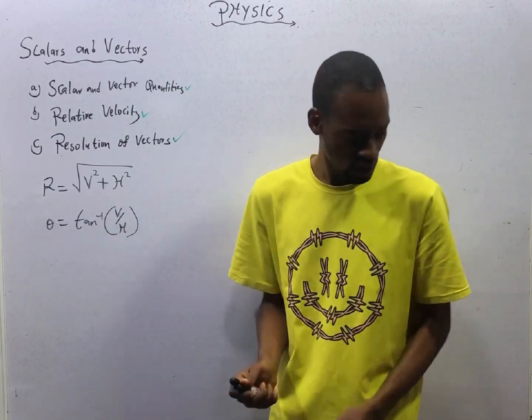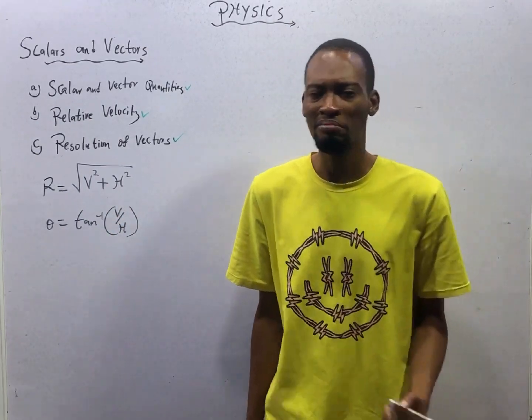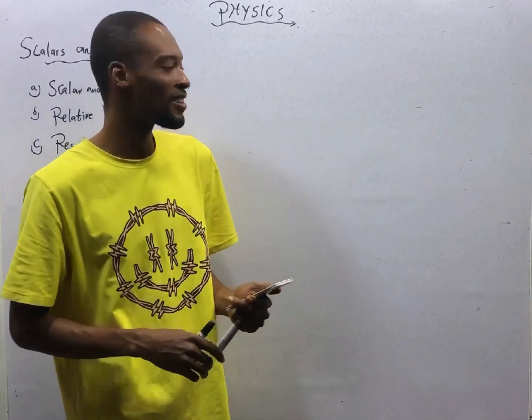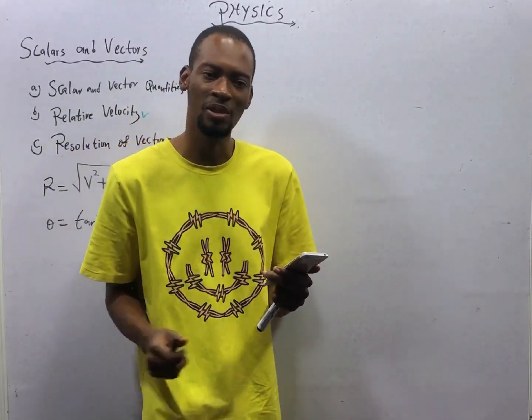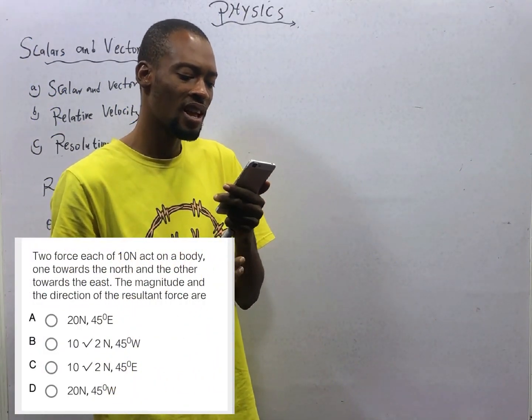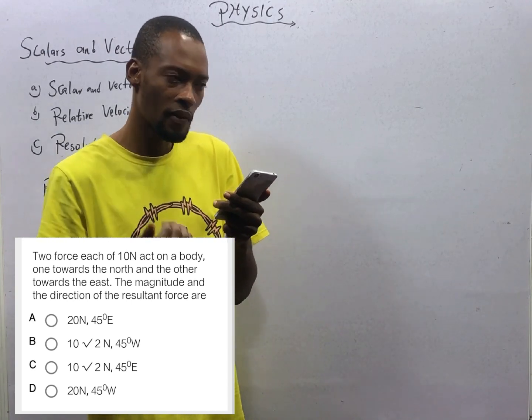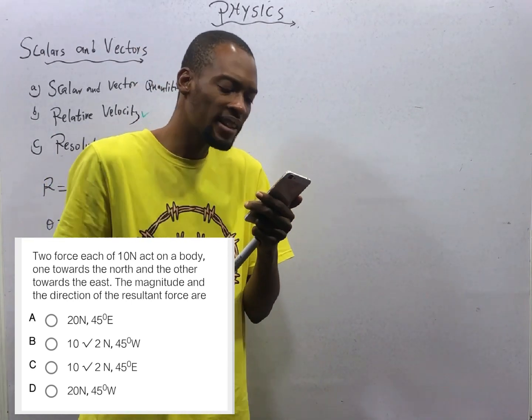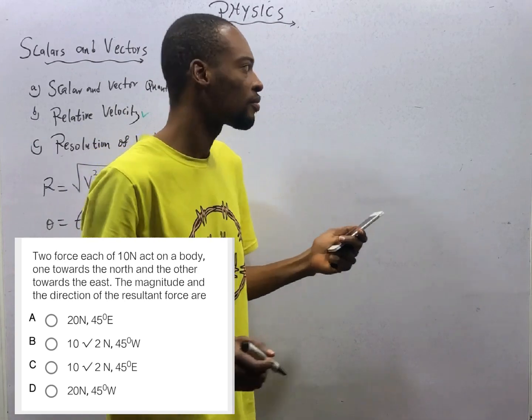Without wasting much time, let's take a look at standard questions under resolution of vectors. The first question says, two forces, each of 10 Newton, act on a body, one towards the north and the other towards the east.